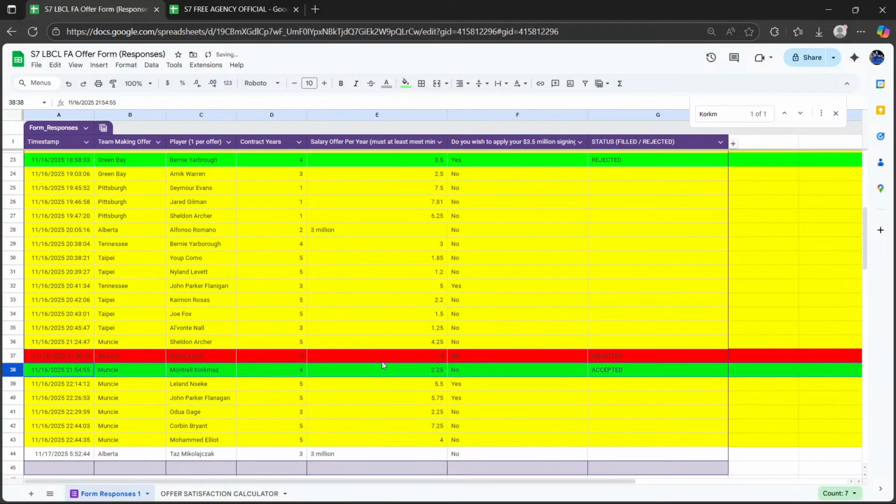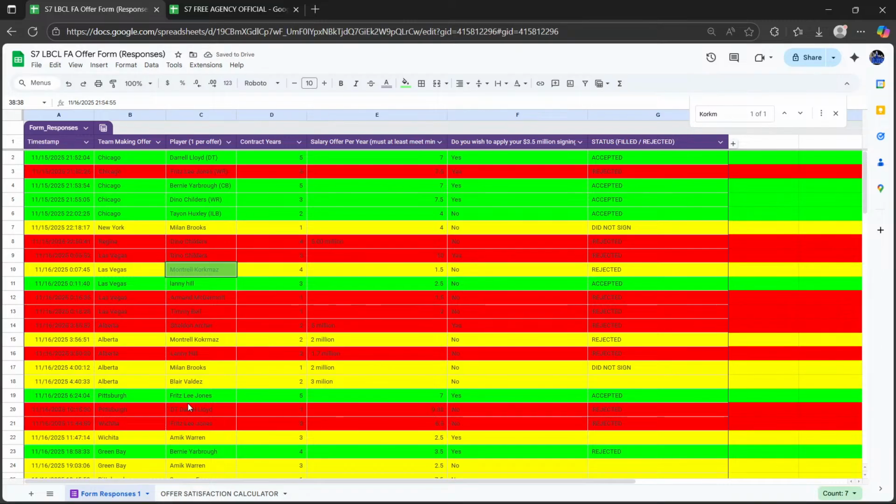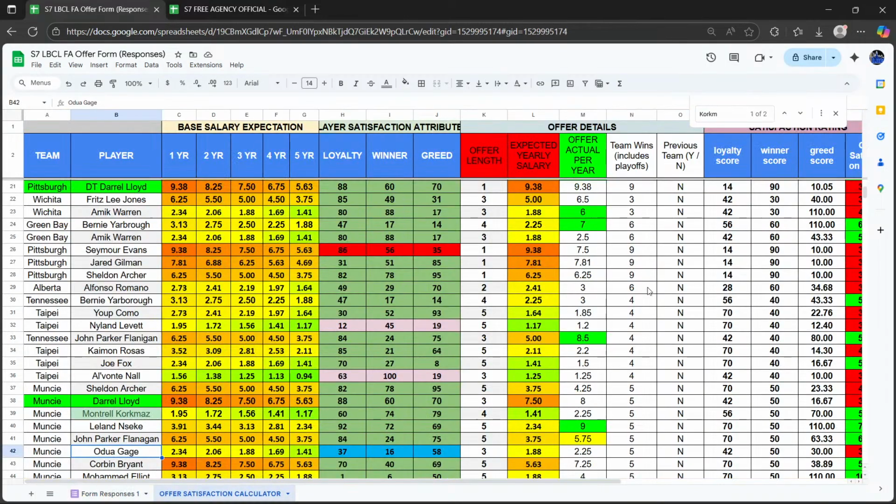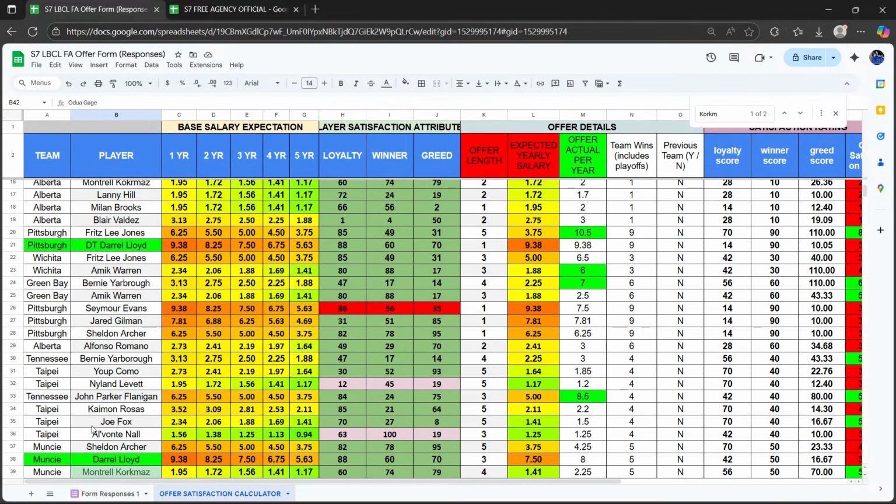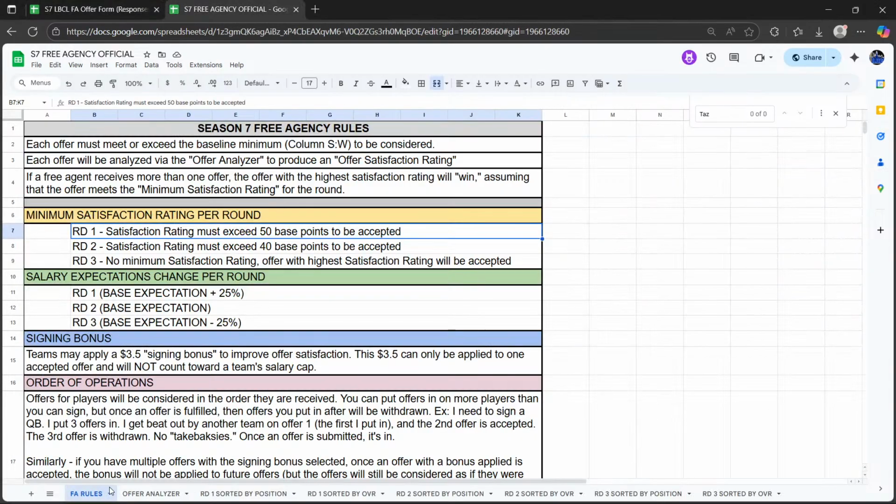Color coding is helpful. If I'm not mistaken, Alberta, nobody wanted to sign with you right now. They're just gonna hold off and wait to see if a better team picks them up. Go back to the rules. They're gonna be cheaper, and then this is important.